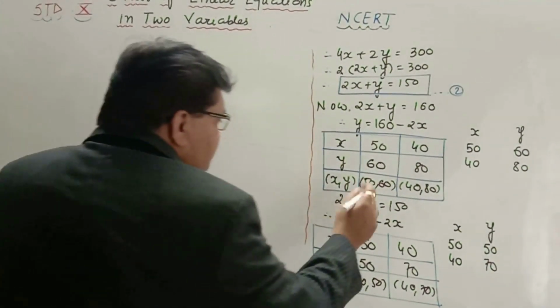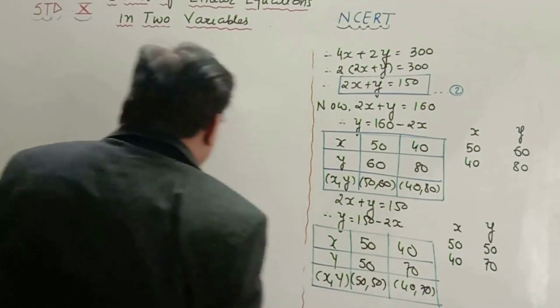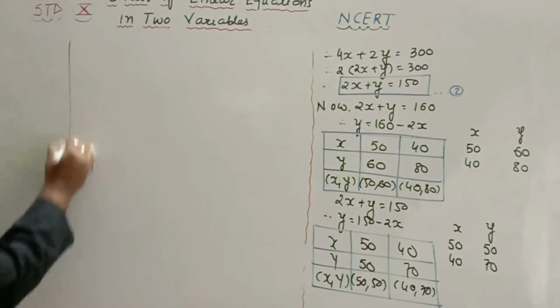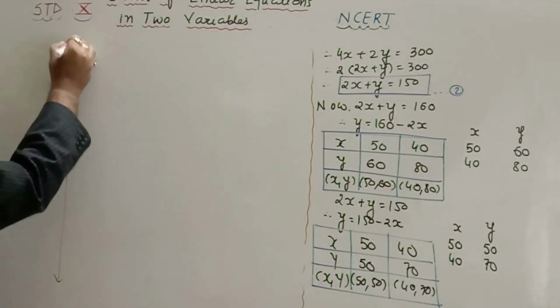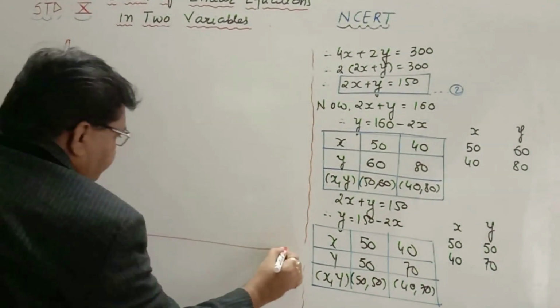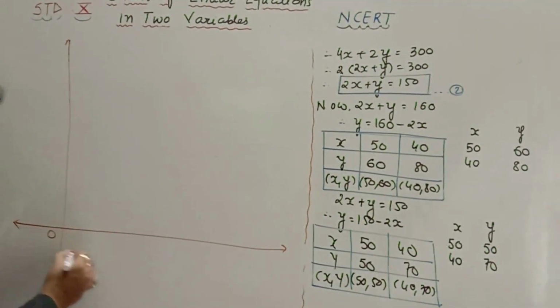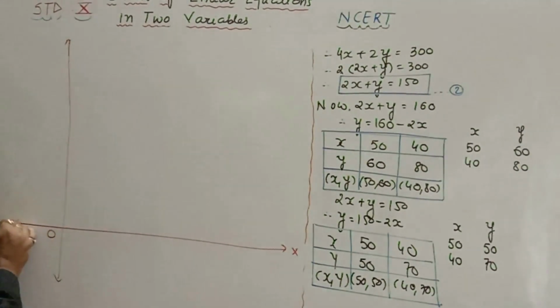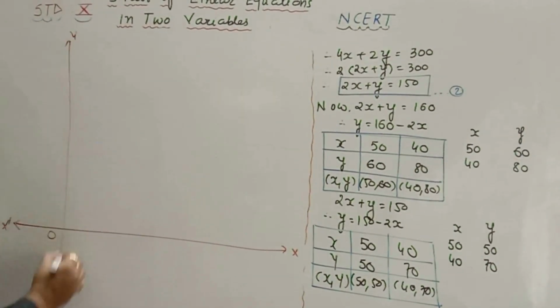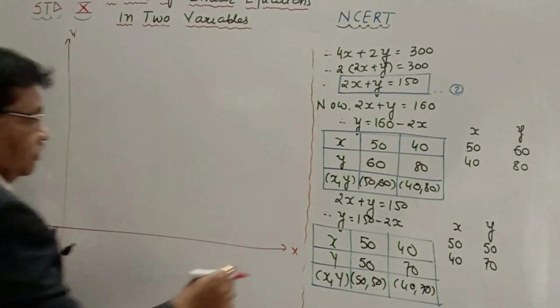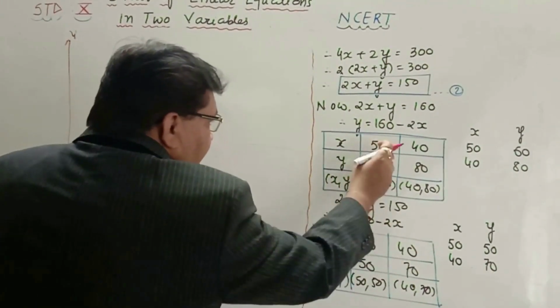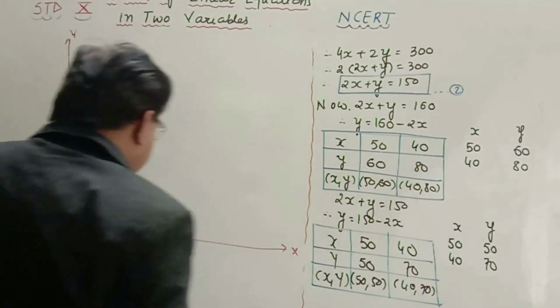Here positive values are given for x and y. So here we draw the positive x-axis and positive y-axis. The highest value of x is 50 and of y is 80.